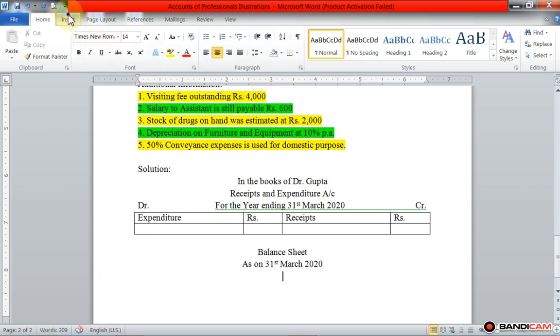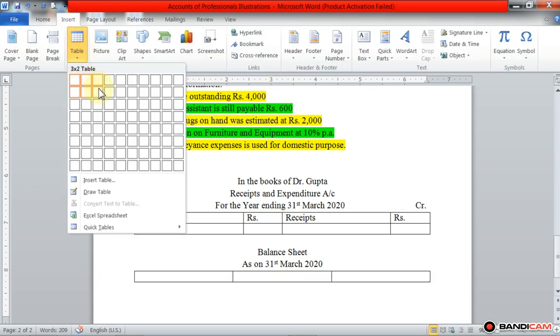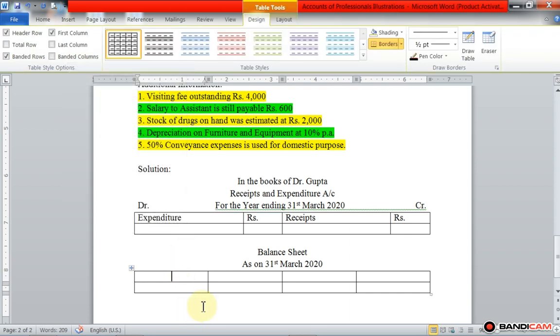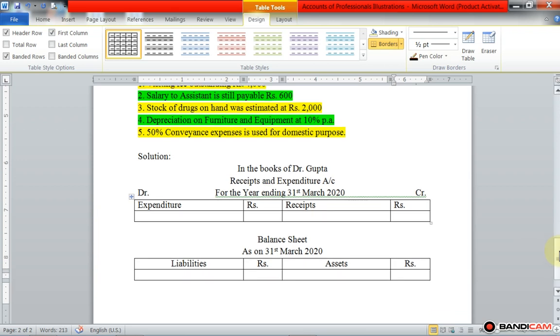Here prepare 4 columns: liabilities, rupees, assets, rupees. Got it? So here we prepare two statements, that is the receipt and expenditure account and the balance sheet.